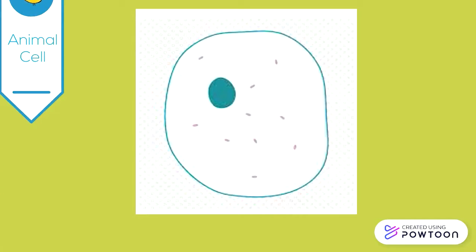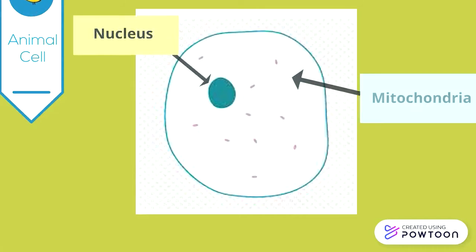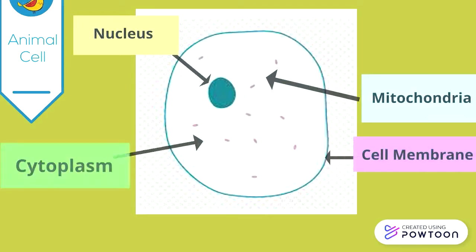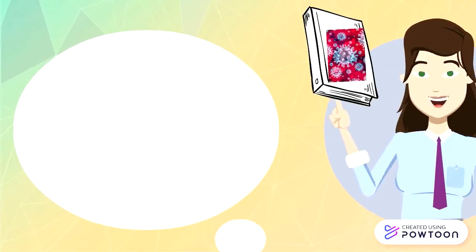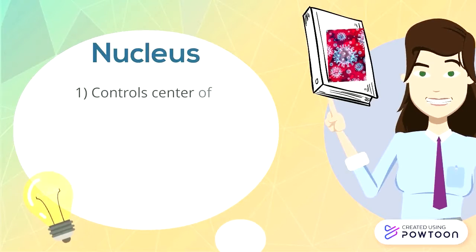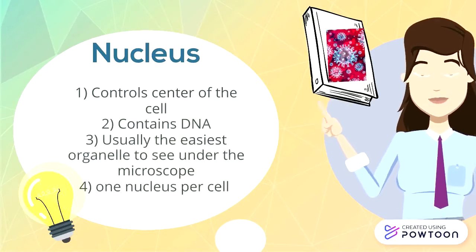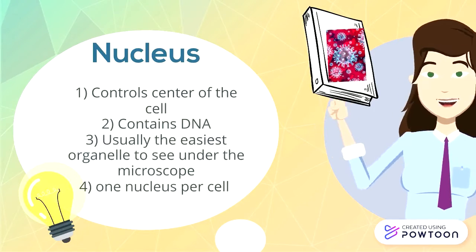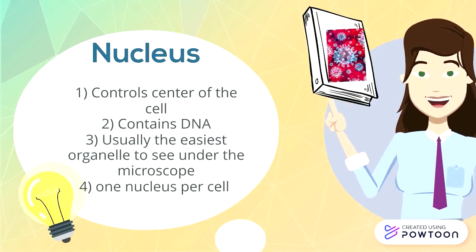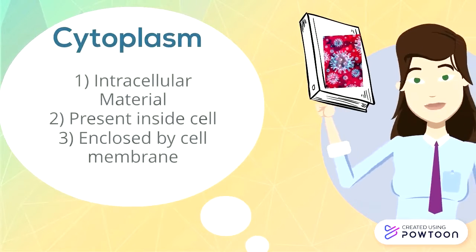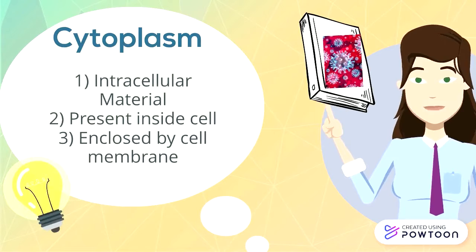Animal cells consist of nucleus, mitochondria, cell membrane, and cytoplasm. Nucleus: the control center of the cell, contains DNA, usually the easiest organelle to see under the microscope, and one nucleus per cell. Cytoplasm: intracellular material present inside the cell, enclosed by the cell membrane.